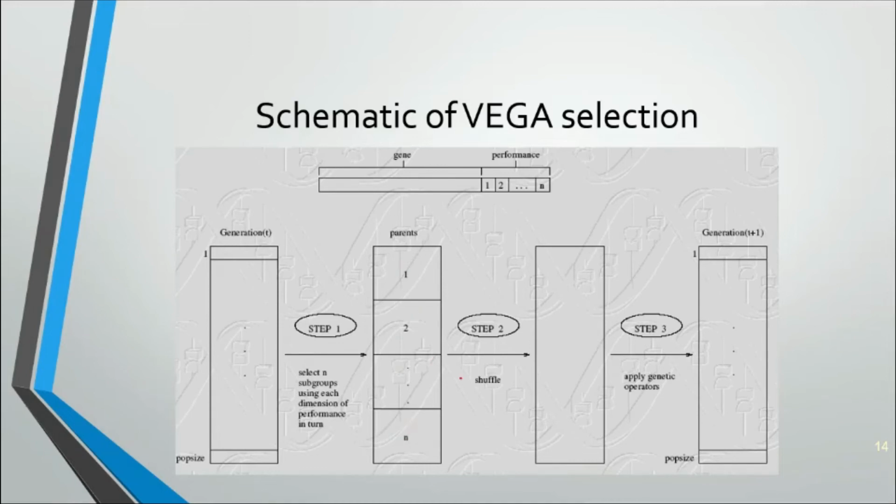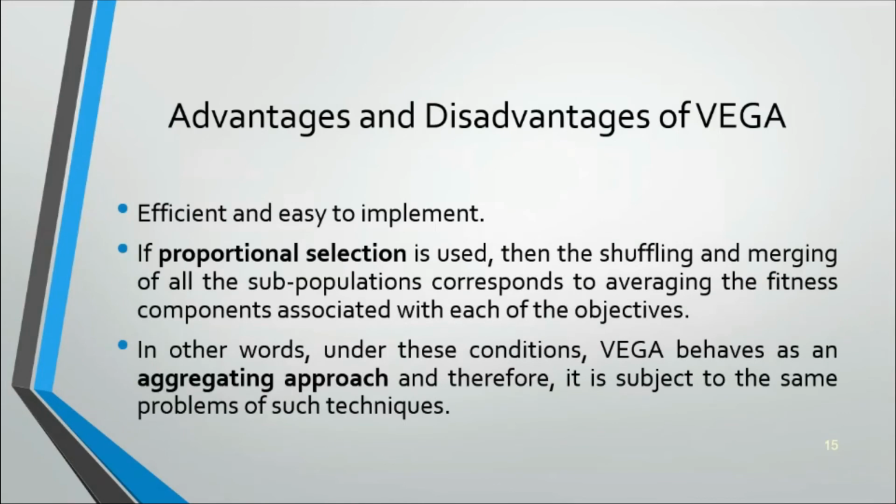N different subgroups are generated or selected from the original population based on each of the objective functions, and then they are merged together, and then the genetic operators are applied for the next generation. And the advantages and disadvantages of VEGA.